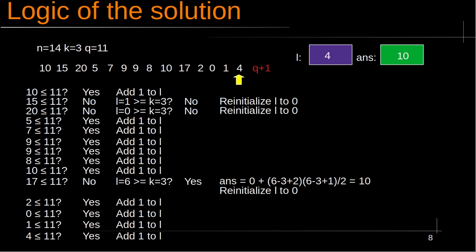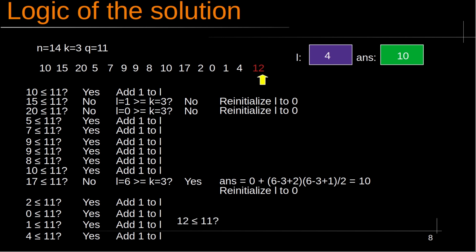We can add 1 to q, which means 11 plus 1, which means 12. Why? Because we ensure that at that number, it will not be computed as a sequence because it will be greater than q. So now we can continue to that number, 12.